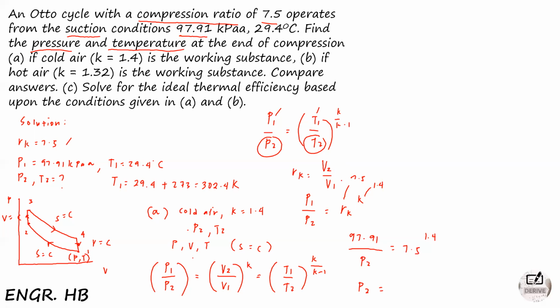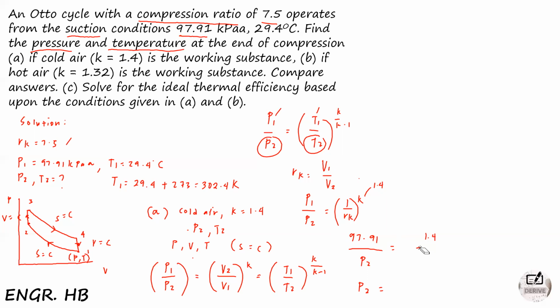No, this is right. The numerator should be higher. So this should be V1 over V2, and it should be inverted. So this should be 1 over RK. Sorry for the misunderstanding.